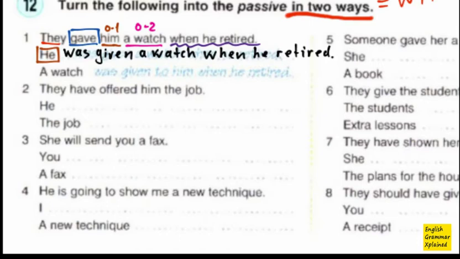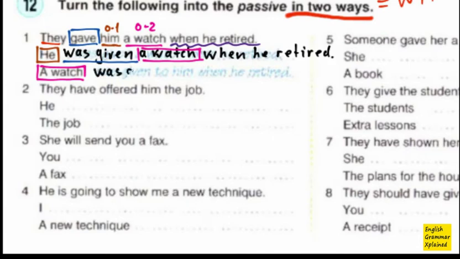And then I have my main verb in passive voice, and here I have my object number 2 without any changes. What about the next sentence? A watch, here object number 2 becomes subject, and then I just rewrite everything that was in sentence number 1.